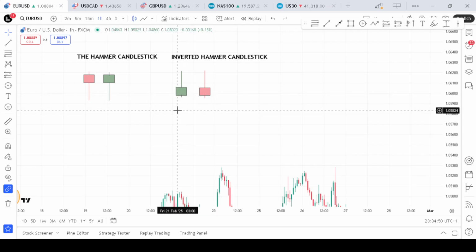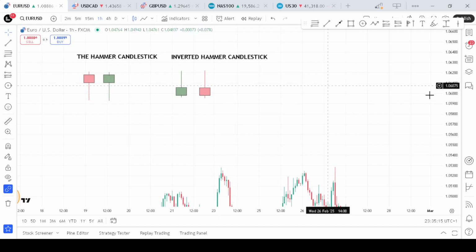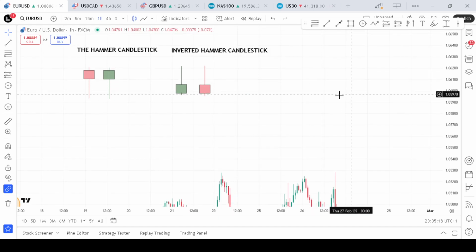However, as long as the price closes near its opening, it suggests that selling pressure may be weakening, and this could signal a potential shift in momentum towards the buyers. So this is typically the example of the inverted hammer candlestick.